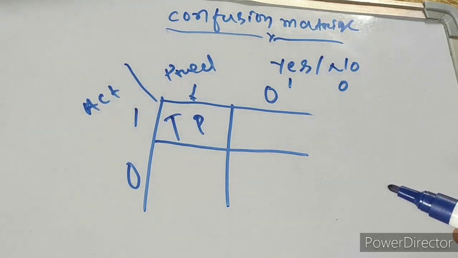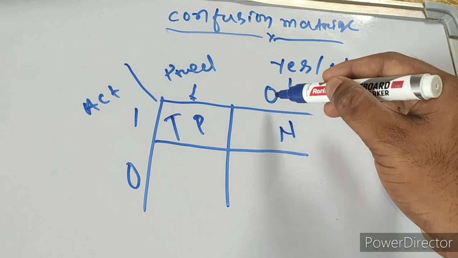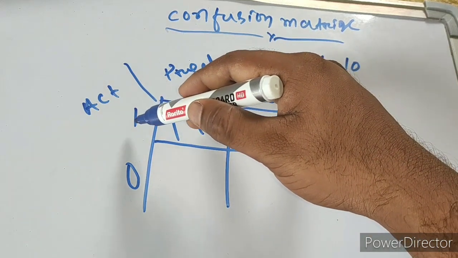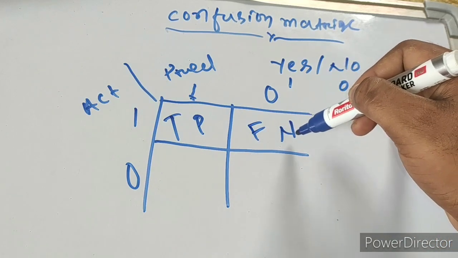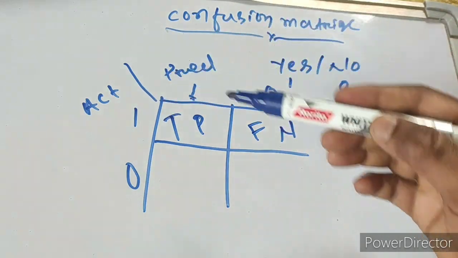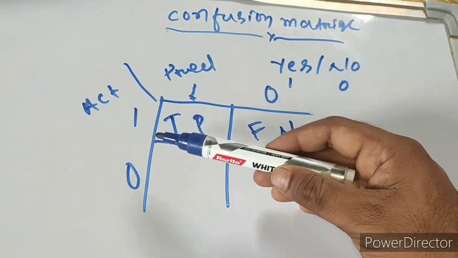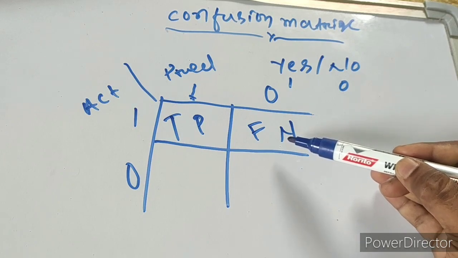Now if we are predicting 0, meaning negative, and the actual value is 1, it means it is false. So it is called a false negative.